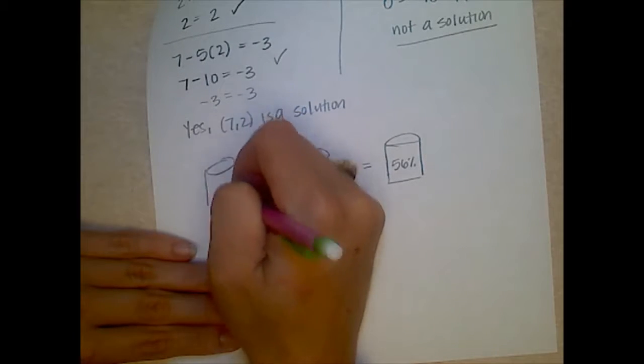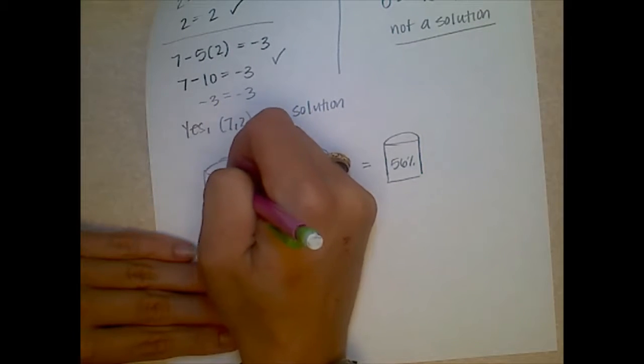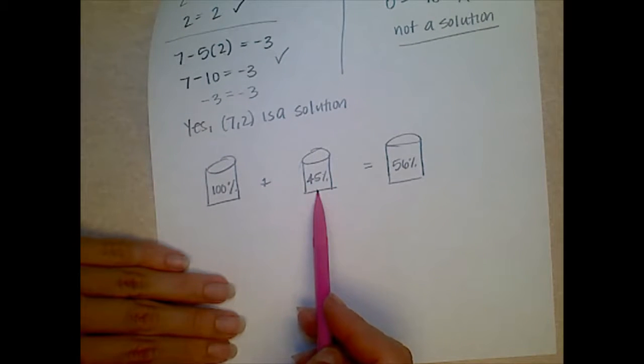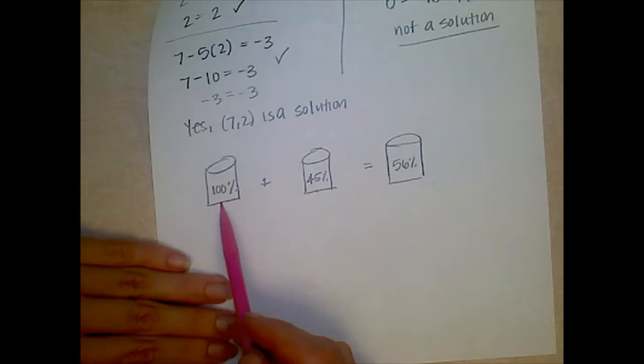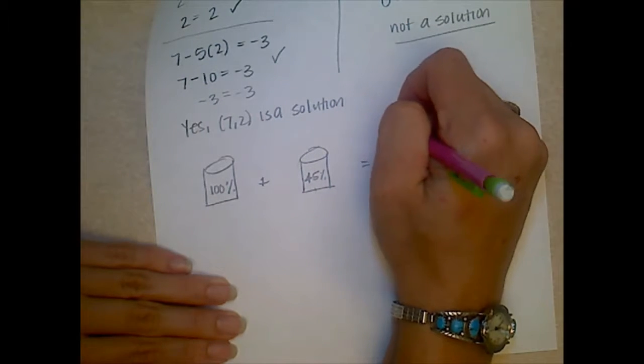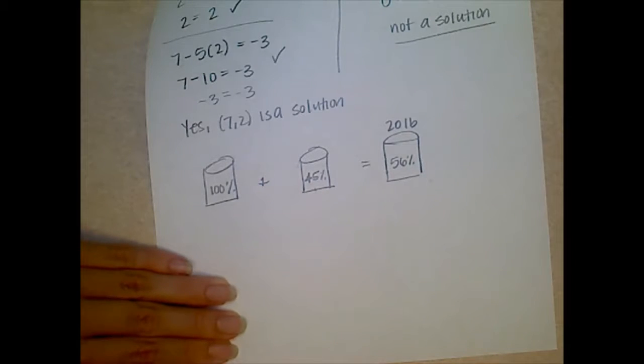The problem tells us that we have to add 100% peanuts to that. So we have a mixture that's 45%, we want to make it 56%, and we have to add 100% peanuts to get that done. At the end of the day, we want 20 total pounds.